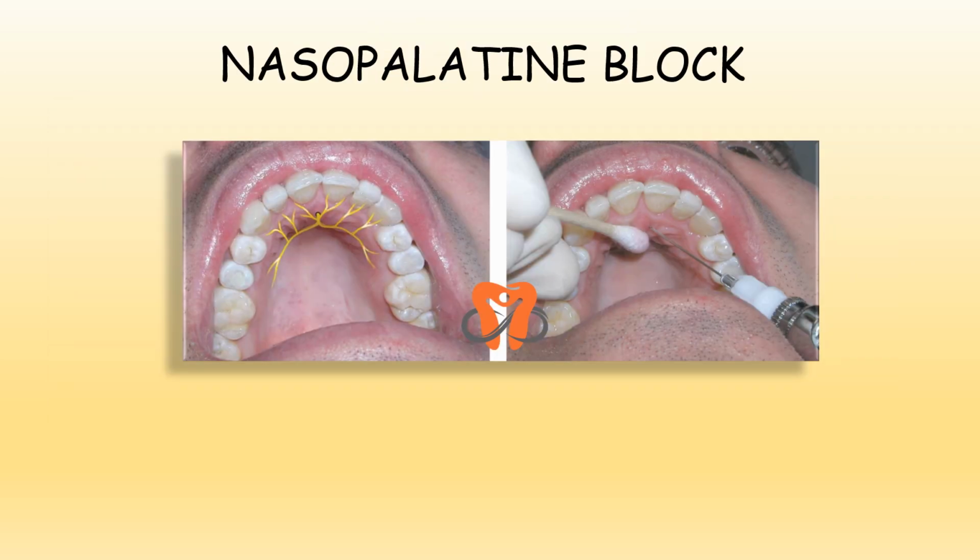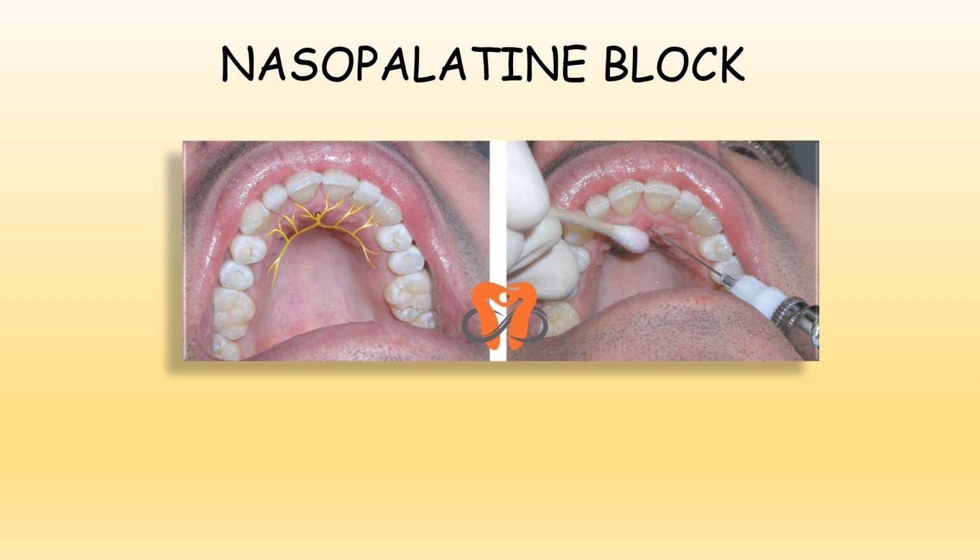To anesthetize the palatal tissues, we use the nasopalatine block. The nasopalatine nerve innervates the palatal tissues of the 6 anterior teeth, from here till here. This is the entire area covered by the nasopalatine nerve. For the technique, we use a short or ultra short needle and insert it in an area lateral to the incisive papilla.